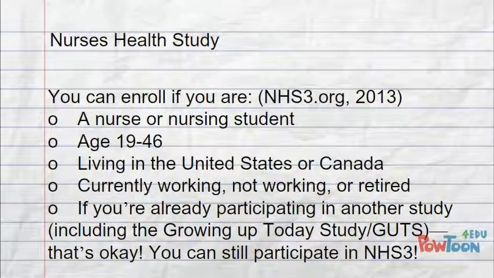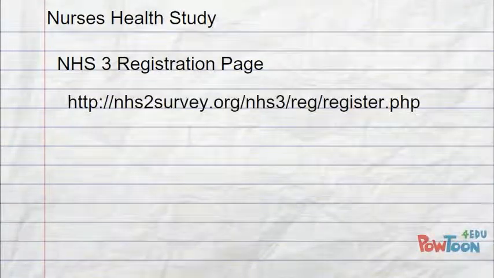The inclusion criteria are nurse or nursing student, age 19 to 46, living in the United States or Canada, currently working, not working, or retired. And even if you're already participating in another study like the Growing Up Today study, you can still participate in the National Health Study. I have provided the link to go to the registration page, again in the narrative of this video, if you're interested in joining.